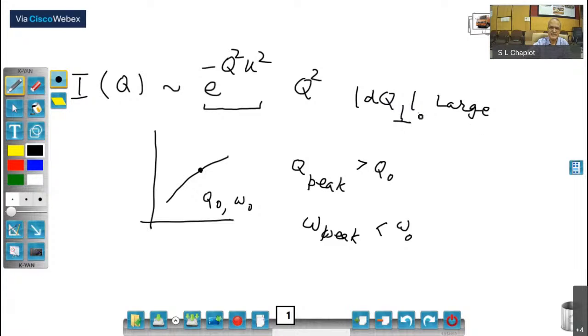But if your dispersion surface is somewhat asymmetric, then one needs to be concerned about these aspects also. So these are some of the issues related to the dispersion.